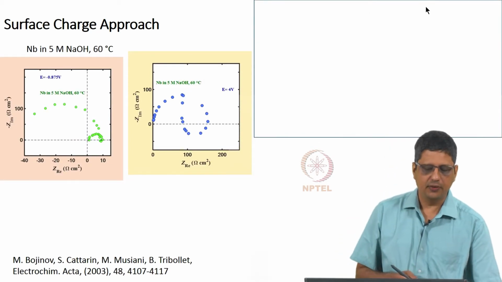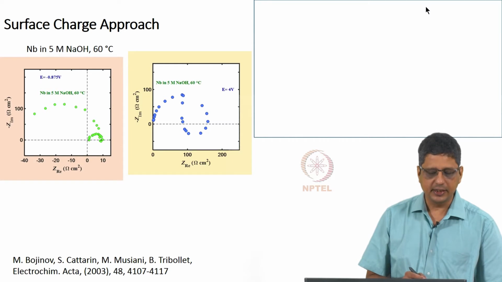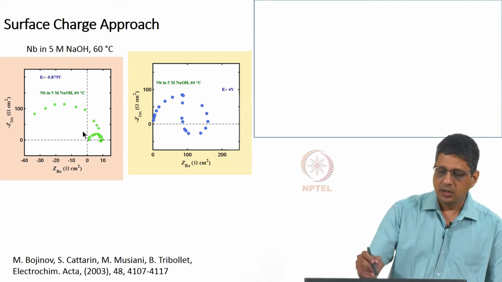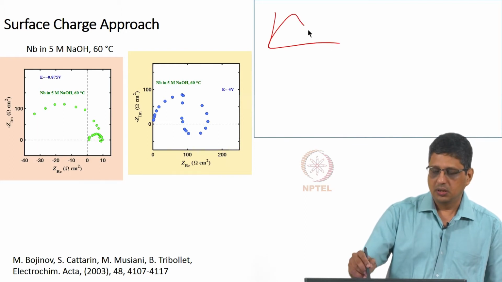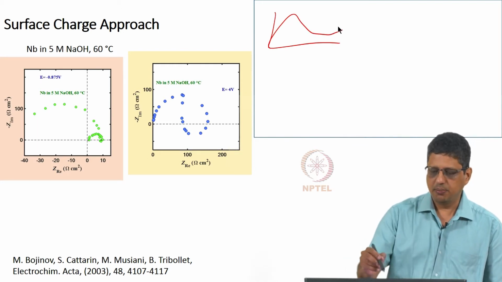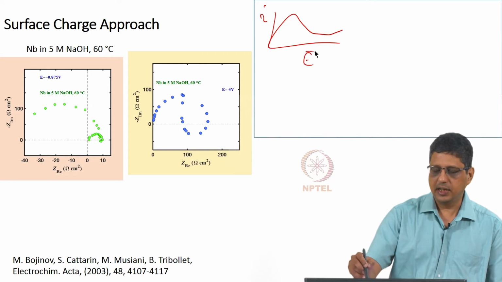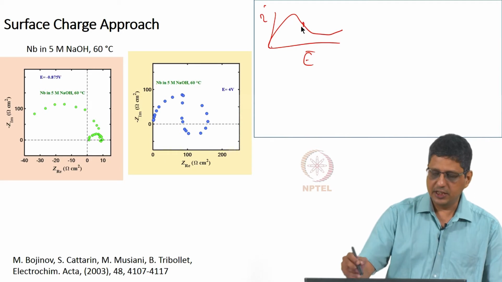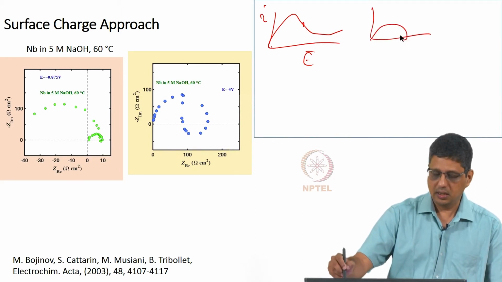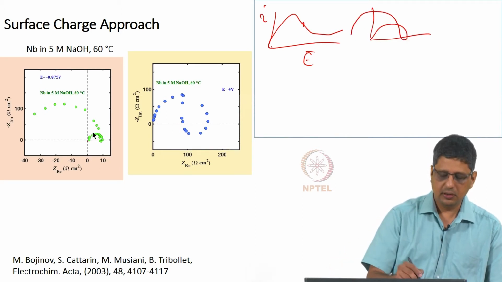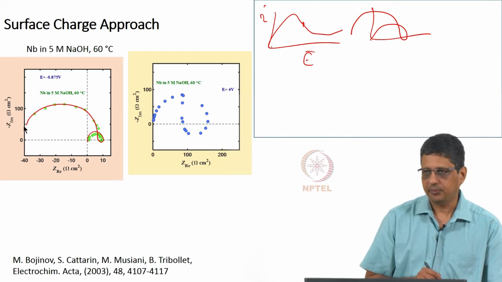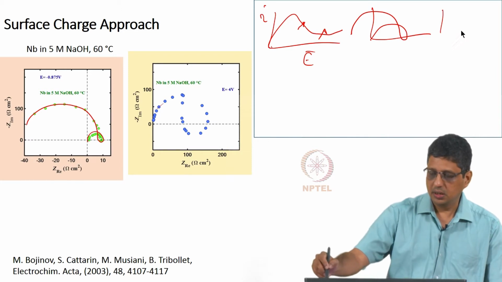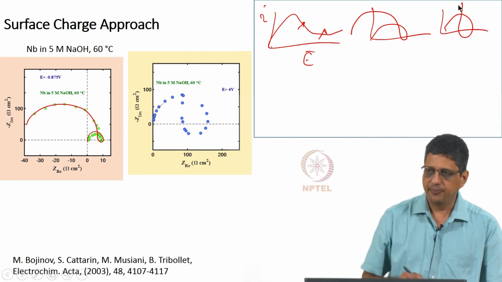Another situation where you have niobium in concentrated sodium hydroxide, at high concentration and high temperature, comes like this. The potential and current, if I take a potential and polarization, it will go like this. In the passive region, they see a curve coming and settling here. This region goes up.